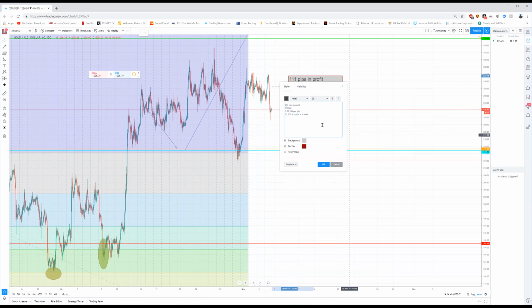That's 11.1%. I don't know why I put so many decimals. So that's an 11.1% gain on any size of account, on the full account, that is.